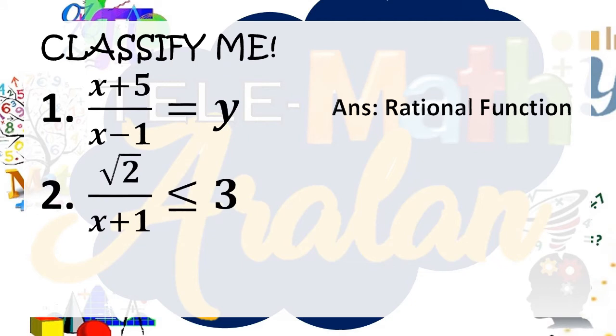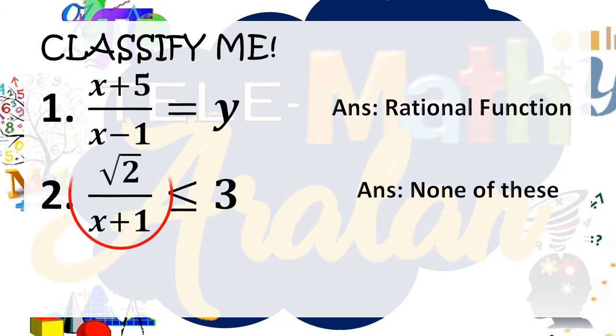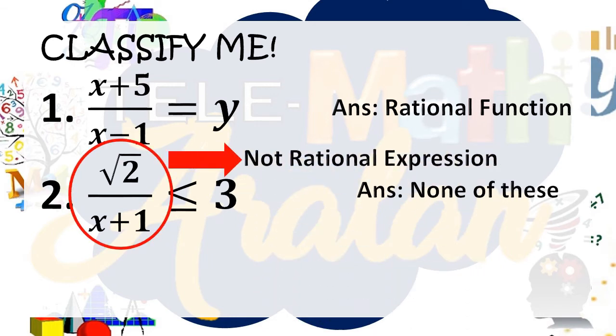Let's have the second one. Square root of 2 over x plus 1 is less than or equal to 3. Is it a rational equation, a rational function, a rational inequality, or none of these? Answer, none of these. None of these because square root of 2 over x plus 1 is not a rational expression.